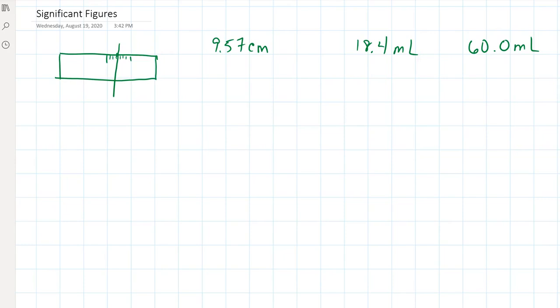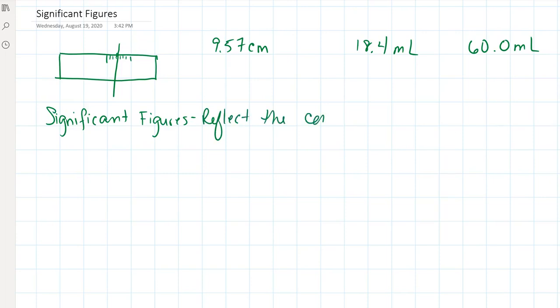The reason we have to write these numbers this particular way based on our measurement is so we can communicate our certainty. And the way we communicate our certainty in numbers is through something called significant figures. And significant figures reflect the confidence we have in our measurements.